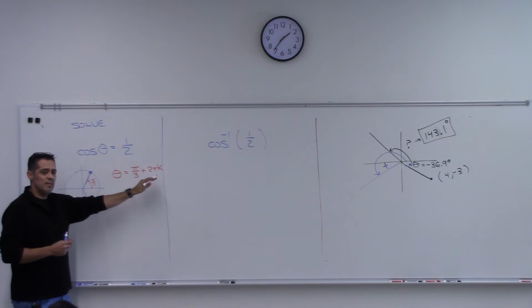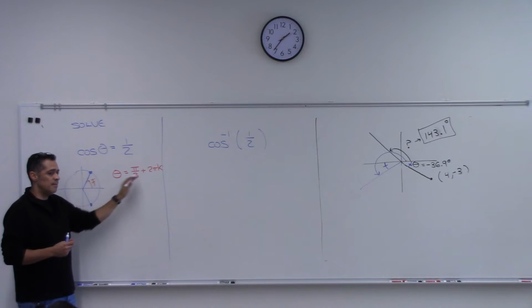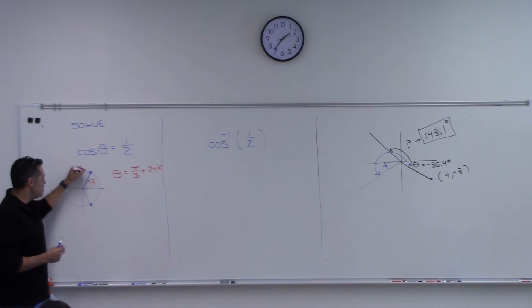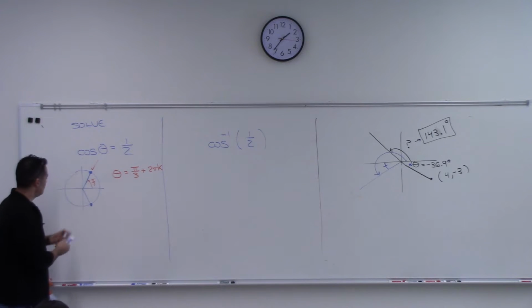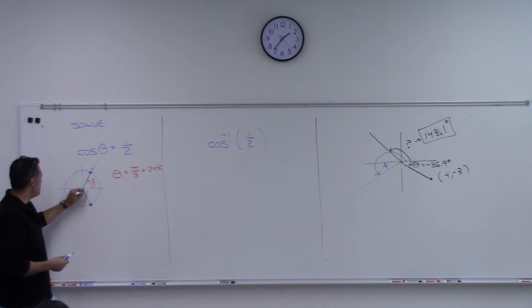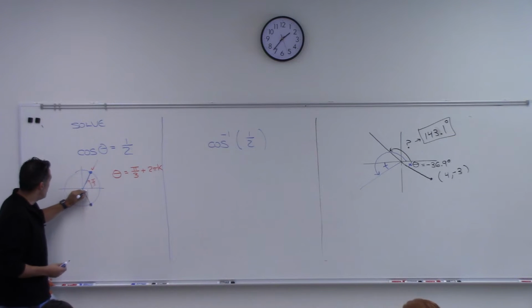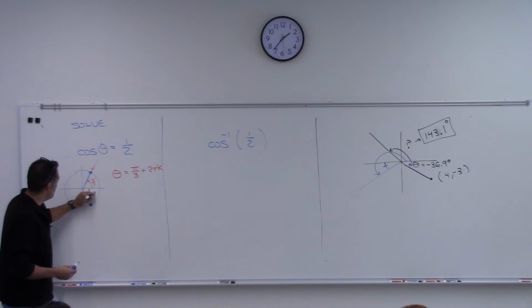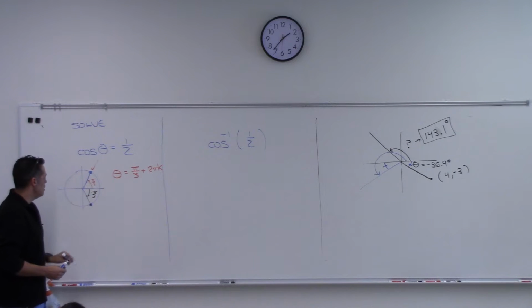Does this represent all the answers? Yes. No. That just gave us this one, right? We need this one as well down here. So you can get to this point. What do y'all want to do? Do y'all want to go around, go to 5 pi over 3, or you want to go backwards and go negative pi over 3? I heard negative pi. Negative pi over 3, right?